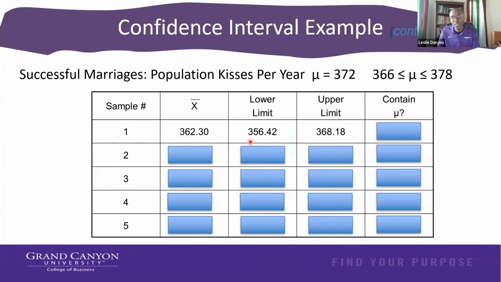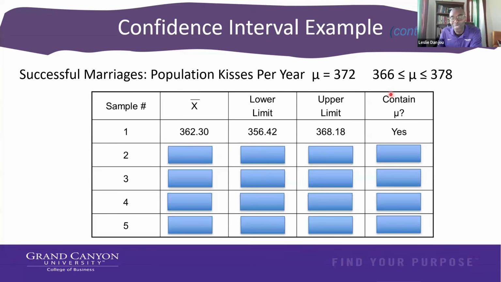Their lower limit was 356 kisses per year. Their upper limit was 368 kisses per year, a little bit more than 366. So you would say to these couples, look, you guys are good. You are within the interval estimate of a successful couple.